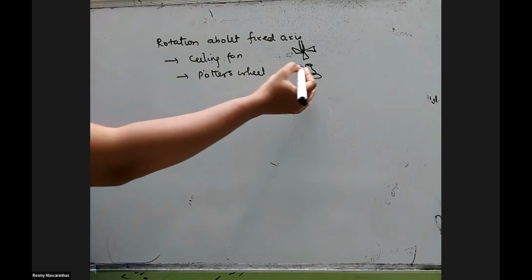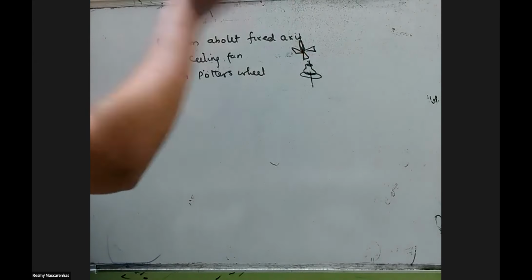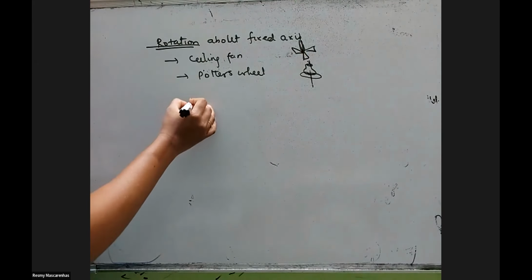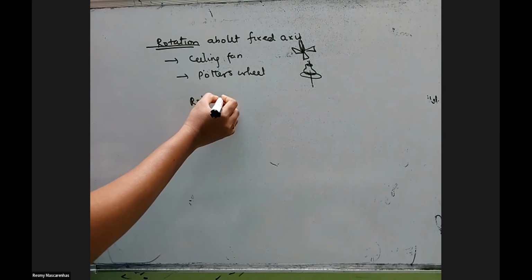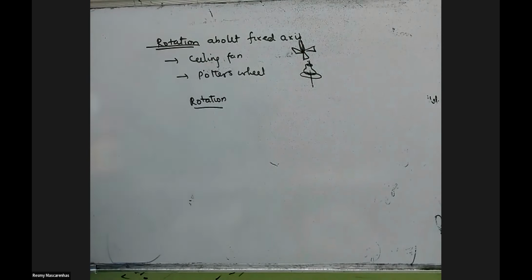This is about the fixed axis. Now the other one is rotation. I'll show you the diagram first.